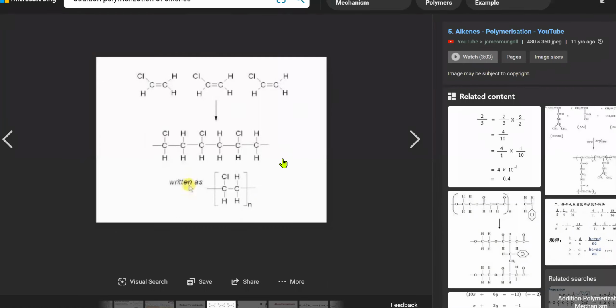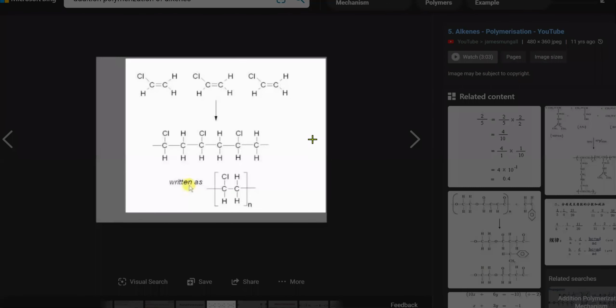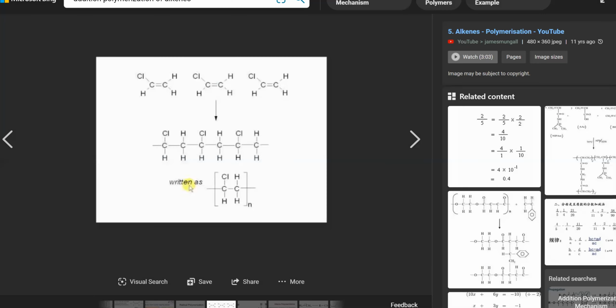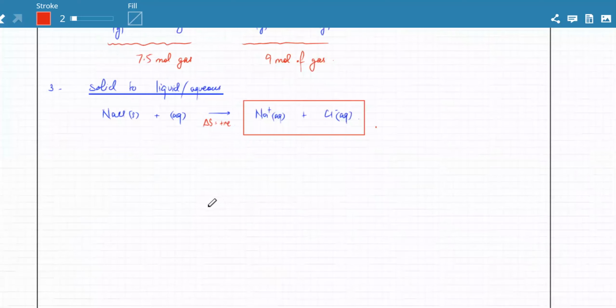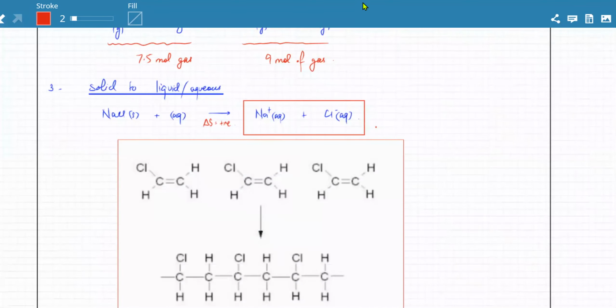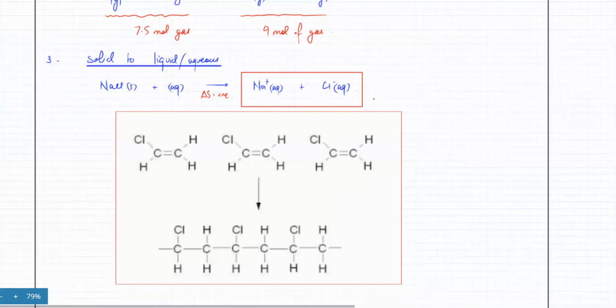So what's happening? Delta S is positive or negative? Negative. They're becoming more ordered. They were more disordered previously. They were gas molecules, all flying around. Let me just copy this on the board.